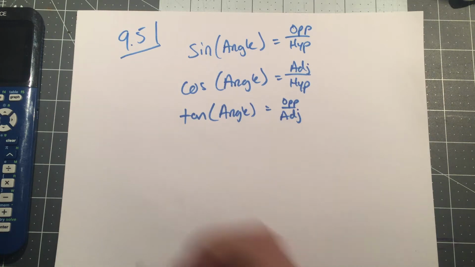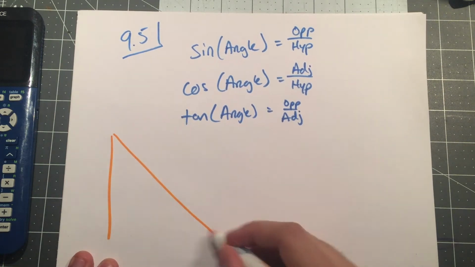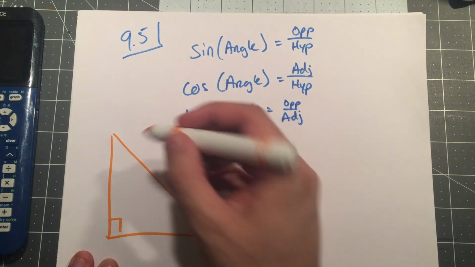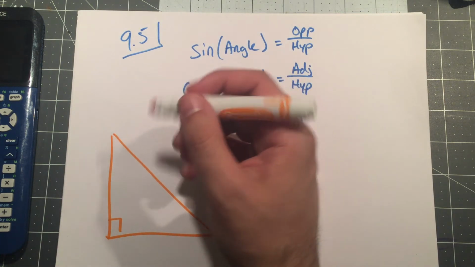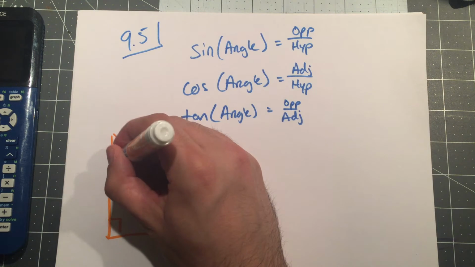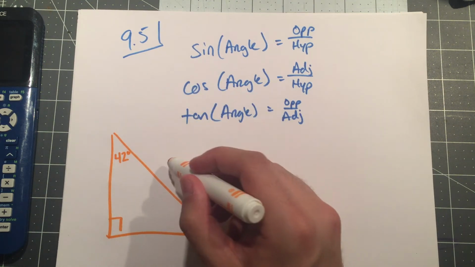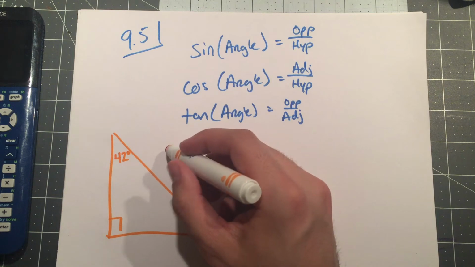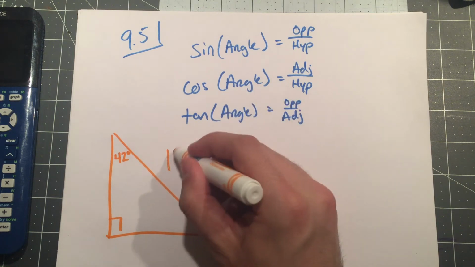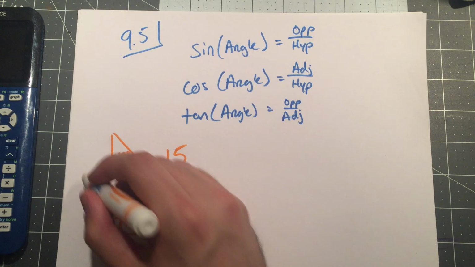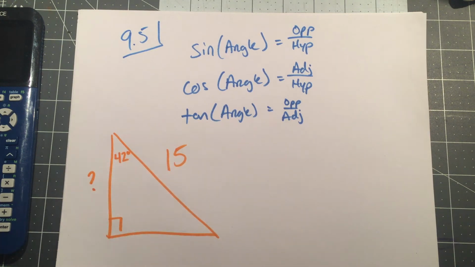So for example, I'm going to draw this. Let's say we have a right triangle here, and let's give this angle 42 degrees. Let's say we have the hypotenuse as 15, and we are looking for this side.